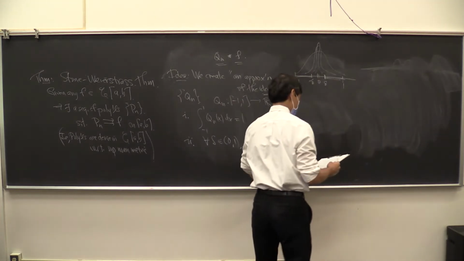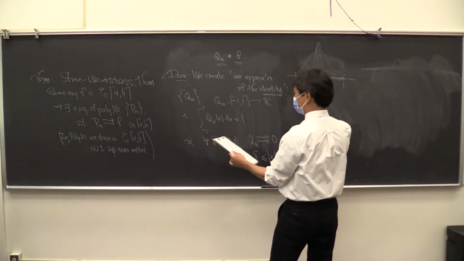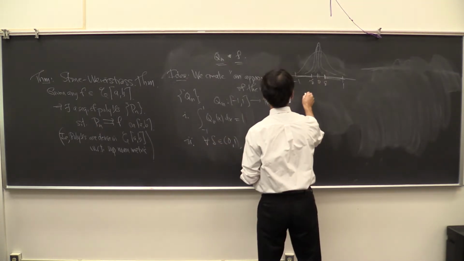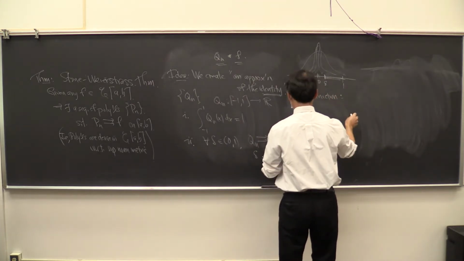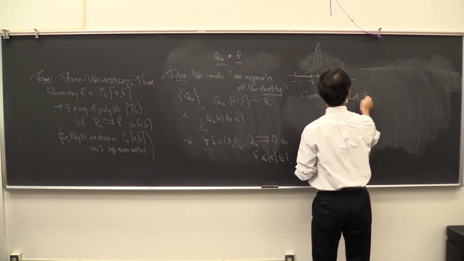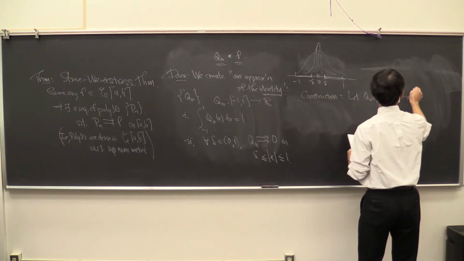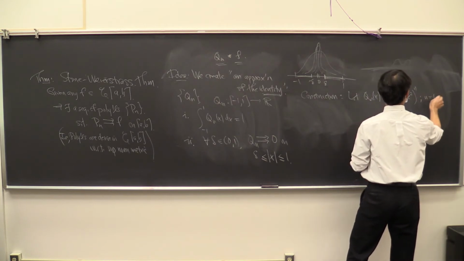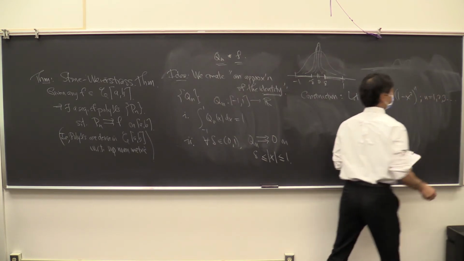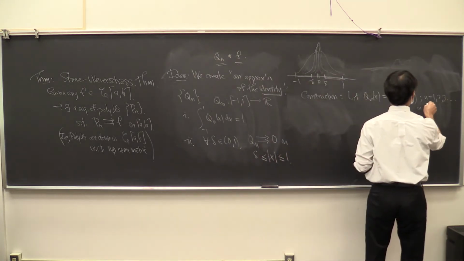So how are we going to construct the Qn? Here's a construction. We're going to let Qn be (1 minus x squared) to the nth power, as n is 1, 2, 3, etc., and this is just on negative 1, 1.